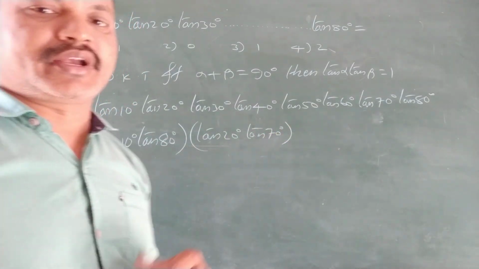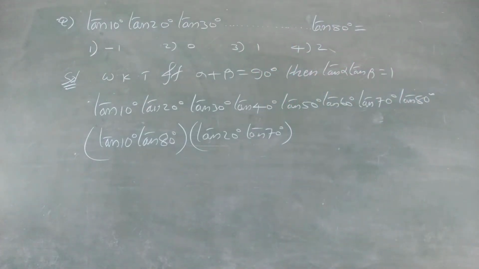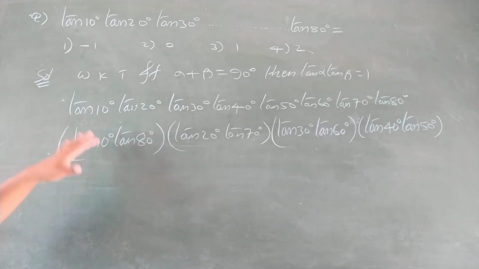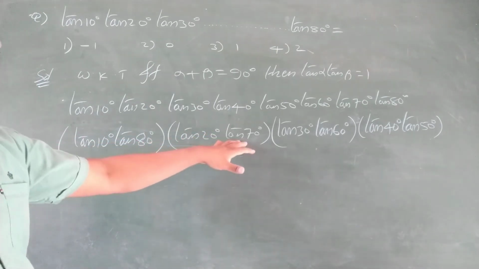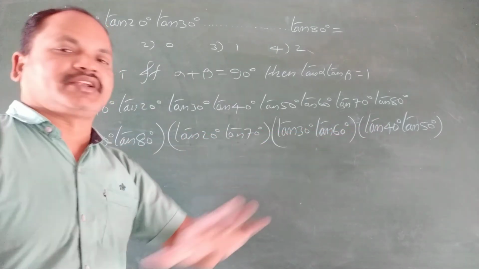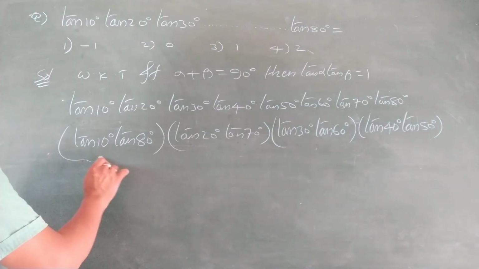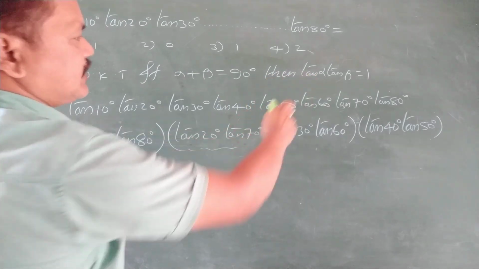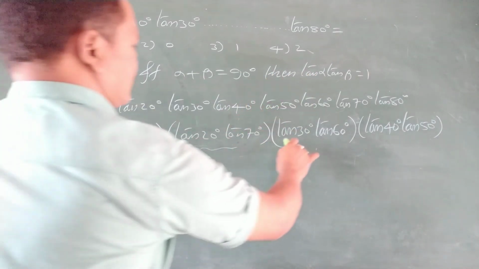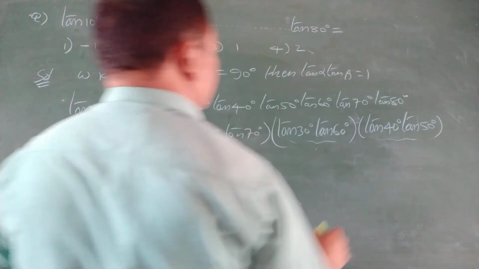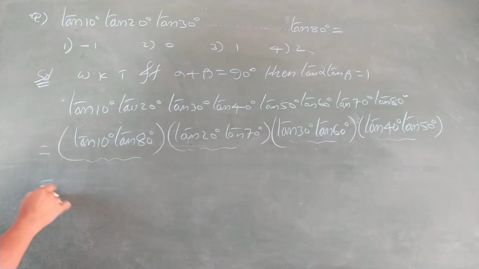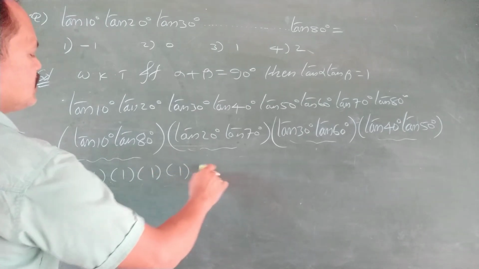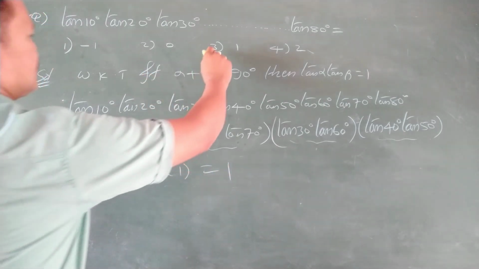Like this we can arrange those brackets: tan 10 and tan 80, tan 20 and tan 70, tan 30 and tan 60, tan 40 and tan 50. Now each bracket is 1 according to this concept: if alpha plus beta is 90, then tan alpha into tan beta is 1. That's why each bracket represents 1 according to the complementary concept. 1 into 1 into 1 into 1, so the answer is 1. That's why it is the third option.